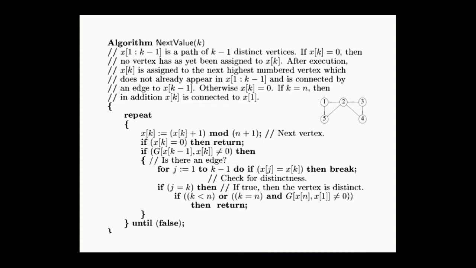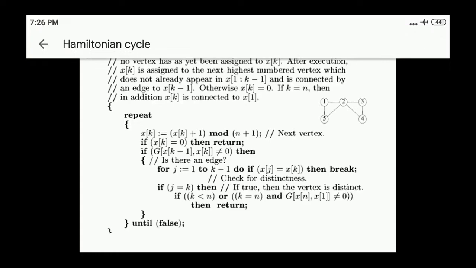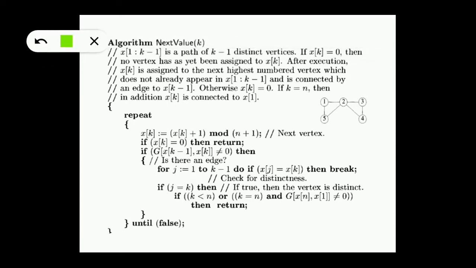Okay, so the next piece of the algorithm here is NextValue. So what does this NextValue algorithm do? It's going to find a path of k minus 1 distinct vertices.